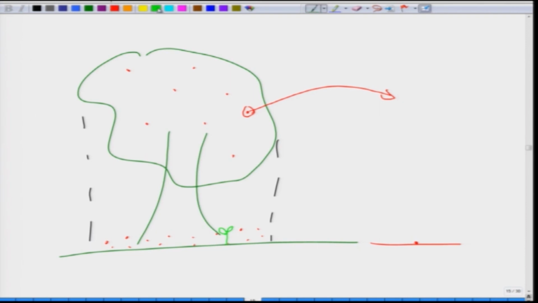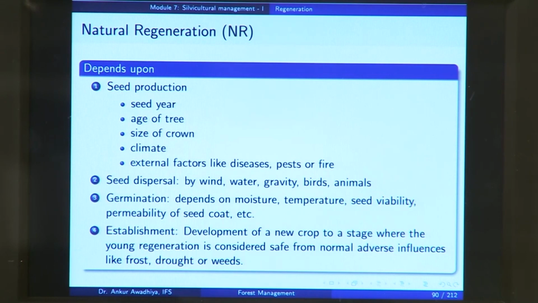So, what happens in that case is that when the seedling grows, it gets enough amount of light and it is able to show a very good amount of growth. So, natural regeneration will also depend on seed dispersal. So, if you have seed dispersal by these different means, in that case the quantum of natural regeneration will be much better.